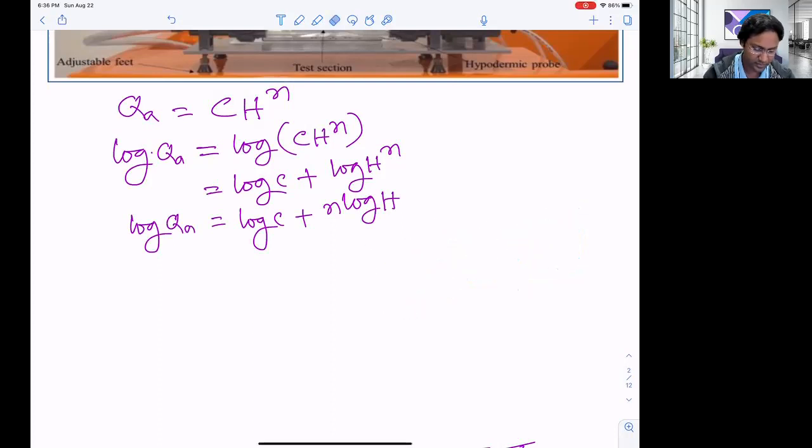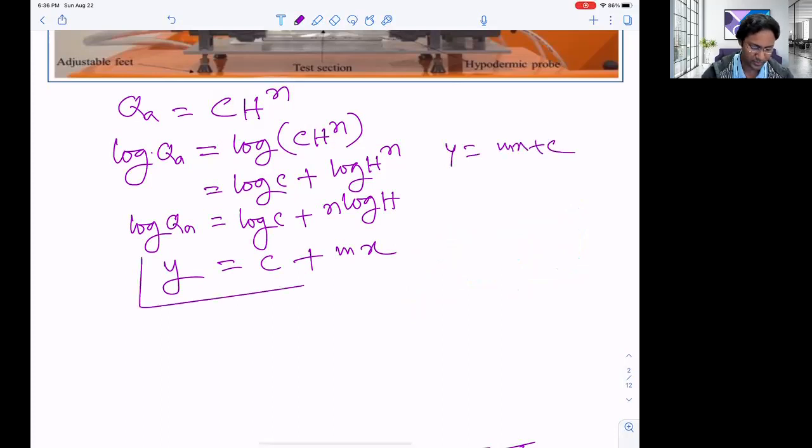Can you just imagine how it looks? It is nothing but y is equal to c plus mx, right? You know the equation y is equal to mx plus c. It is the same equation, right? Y is equal to mx plus c is the general form of a straight line.